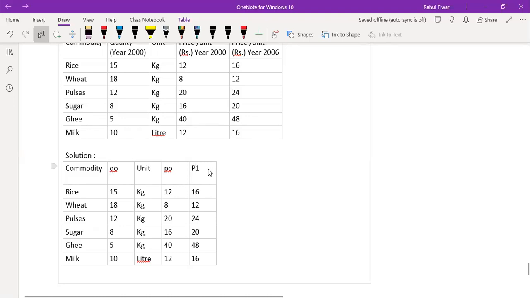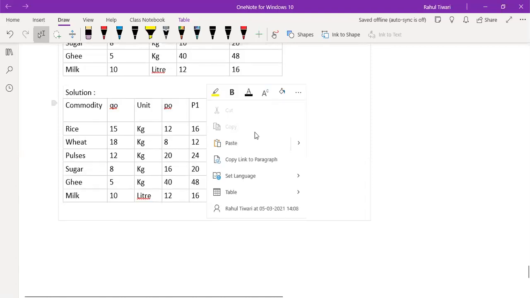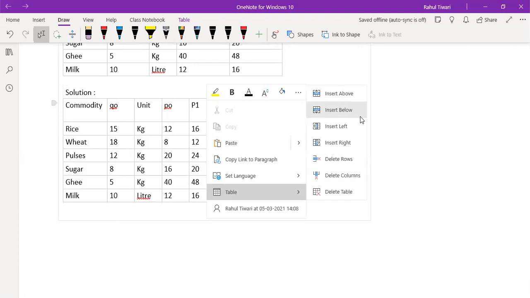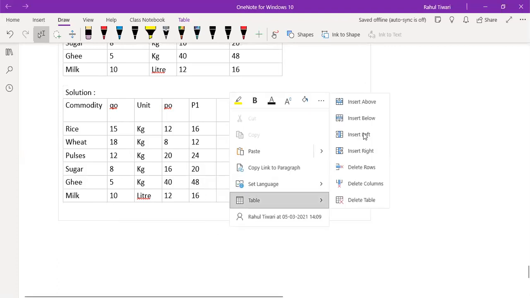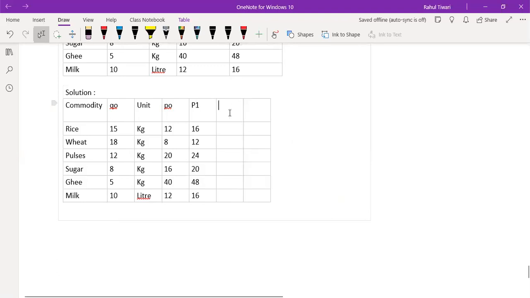Then you can calculate the required columns, P1 Q0 and P0 Q0. So create two columns, insert to the right: P0 Q0 and P1 Q0.